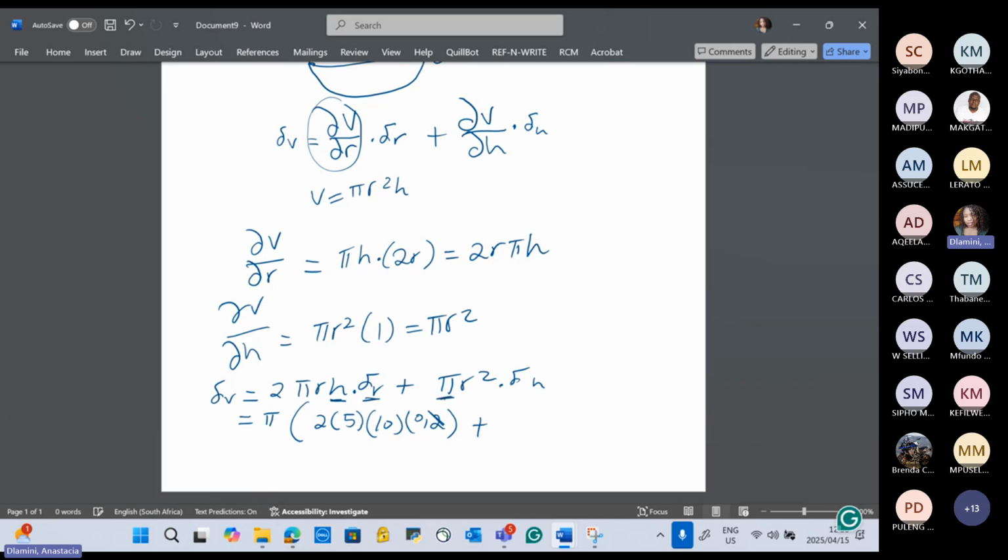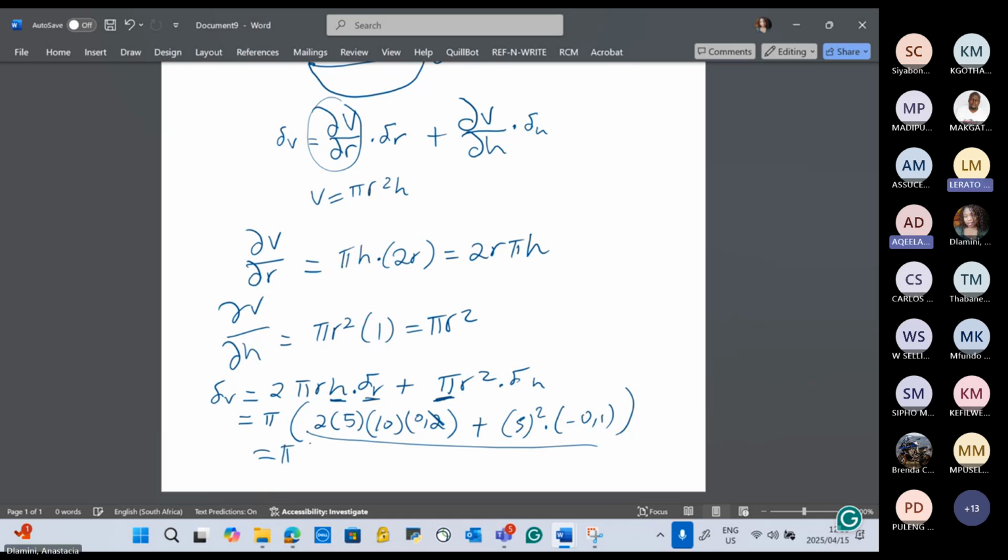Plus, remember we have removed the pi there. And then what is R? We know R is squared, times what is the small change? Negative 0.1. In the calculator, we have what? 20, with pi on the outside.